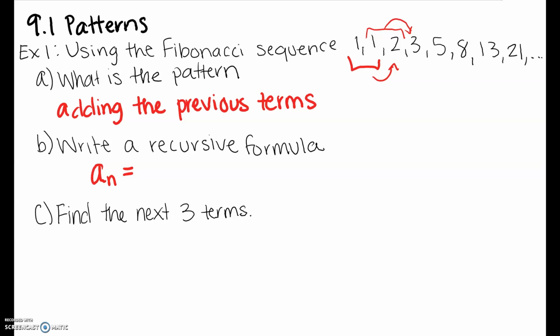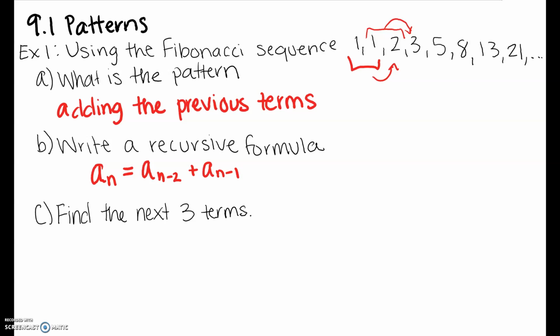And to find the nth term, we have to take the previous two terms, so n minus 2, so two terms away, and then add the term right before it. So this right here, the n minus 1, is saying that we're taking the previous term. So if we were looking for the 10th term, this would say take the 9th term, and this would say take the 8th term and add it.